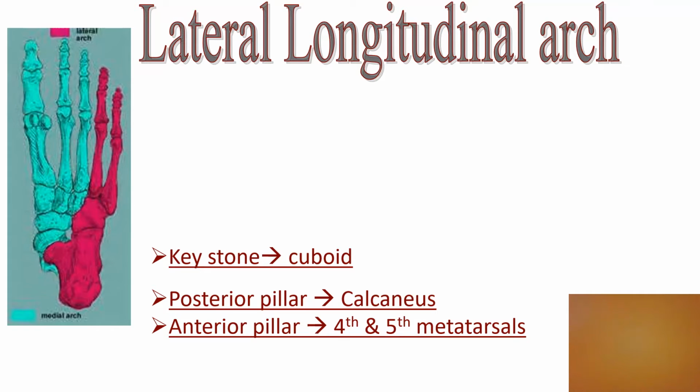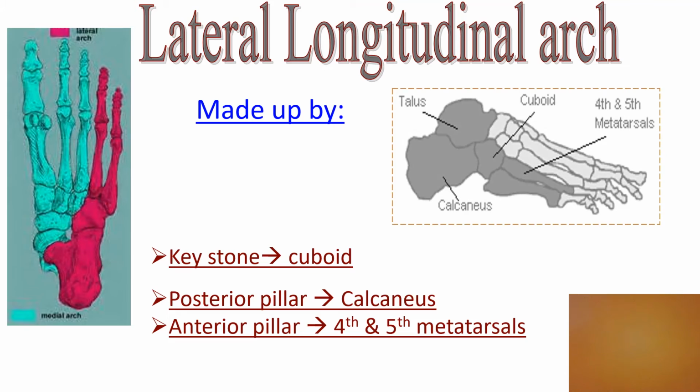For the lateral longitudinal arch, which is present here, marked by the purple, we have the anterior pillar formed of the fourth and the fifth metatarsal bones. The posterior pillar is still the calcaneus, but then the keystone is the cuboid.